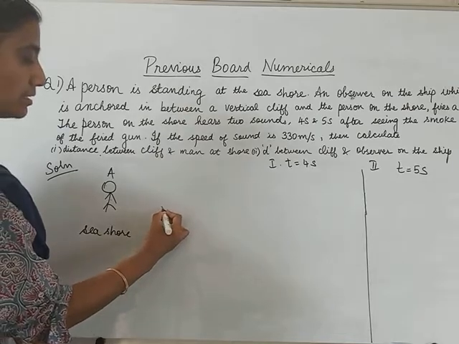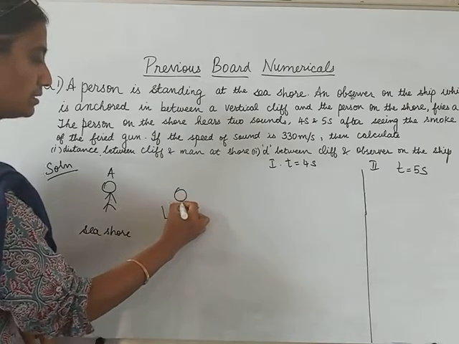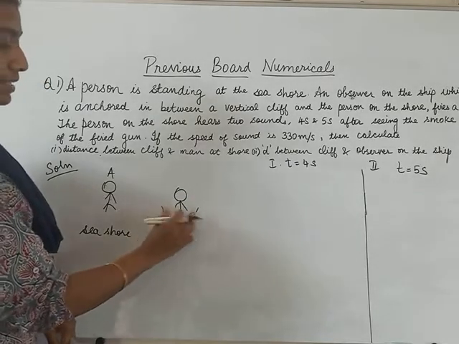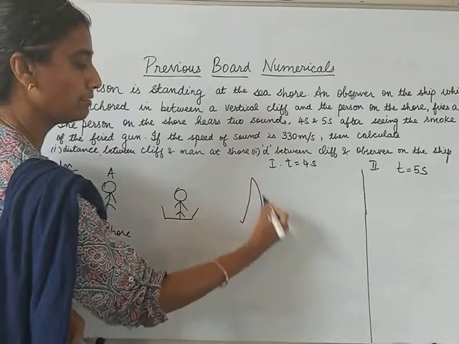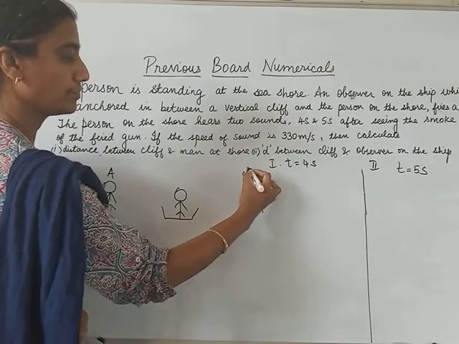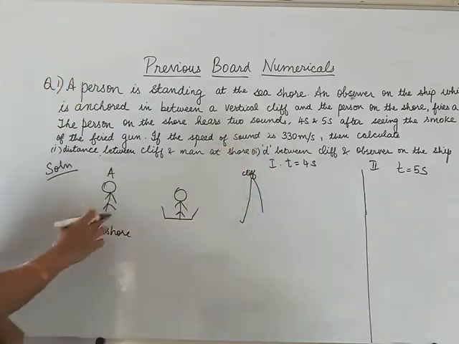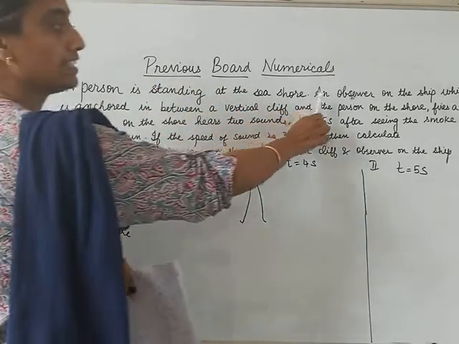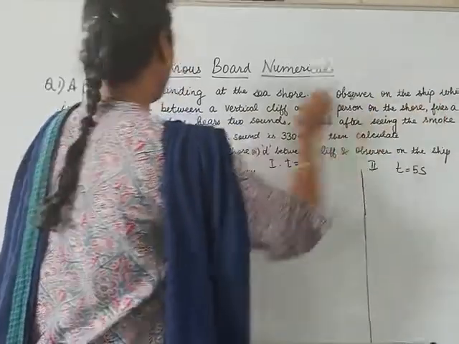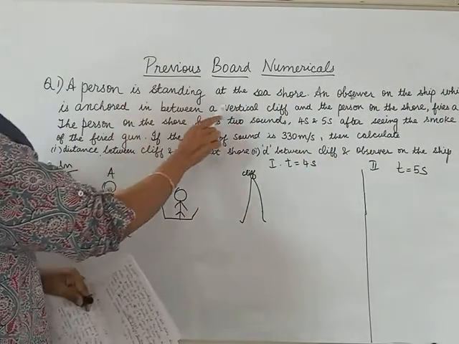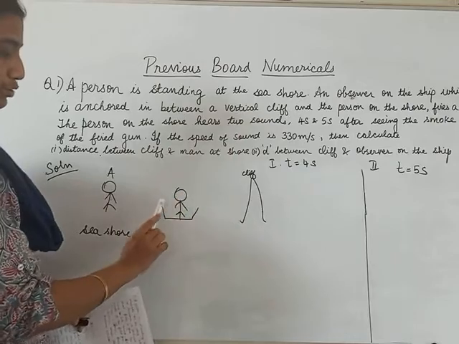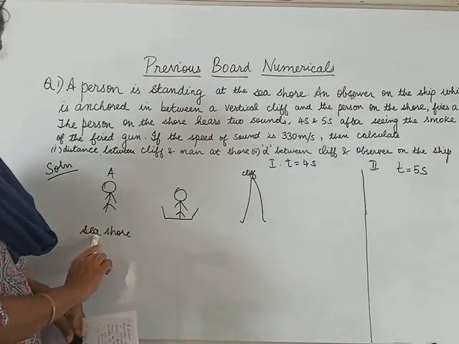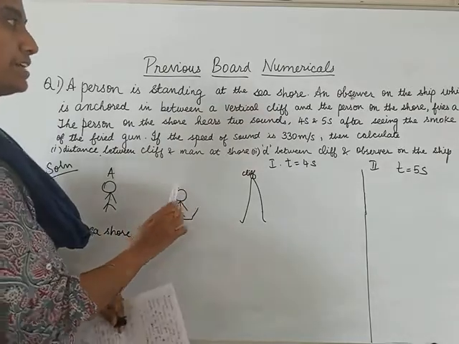Means there is another person on this ship, and the ship is between the cliff and this observer on the seashore. Read again clearly: an observer on the ship which is anchored between a vertical cliff and the person on the shore. So this ship is anchored between the cliff and the shore, and he fires a gun.